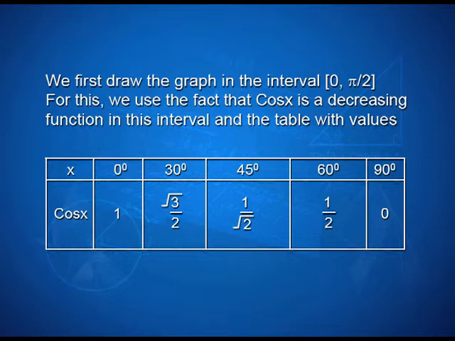For this, we first draw the graph in the interval 0 to pi by 2, and we use the fact that cos x is a decreasing function in this interval, and the table with values: cos 0 is 1, cos 30 degrees is root 3 upon 2, cos 45 degrees is 1 upon root 2, cos 60 degrees is 1 upon 2, and cos 90 degrees is 0.